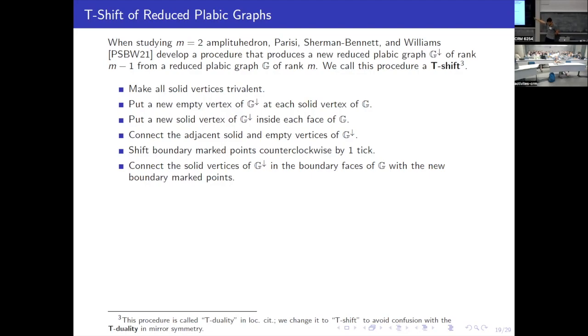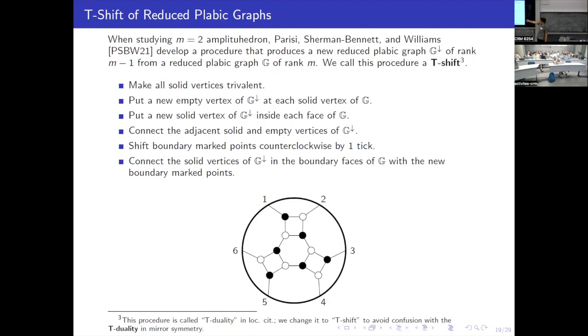First, make sure that all the solid vertices in your graph are trivalent. If not, do this expansion-shrinking move to make it trivalent. And if you have a two-valent vertex, delete it. So I'm going to give you an example here to guide you through. First, make sure that all solid vertices are trivalent, which already happened, so we don't need to do anything. Then I'm going to put an empty vertex at each solid vertex.